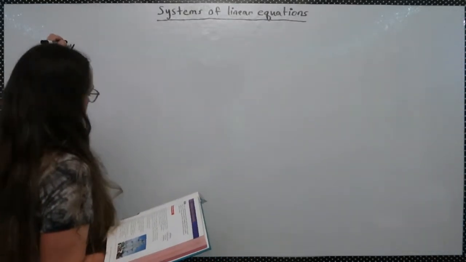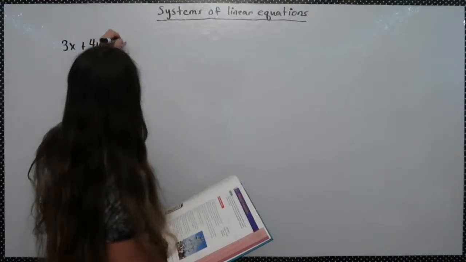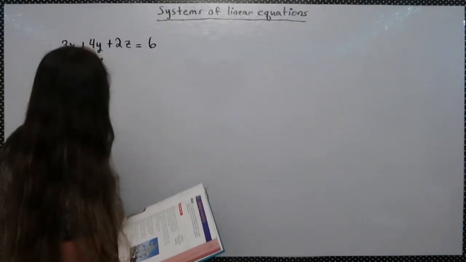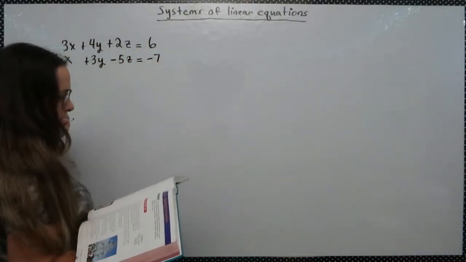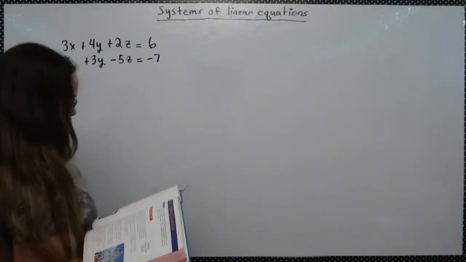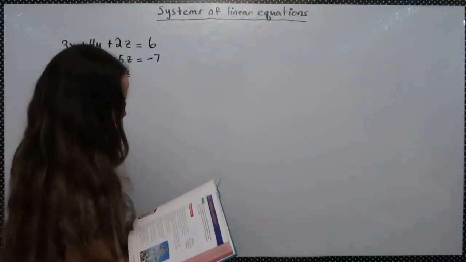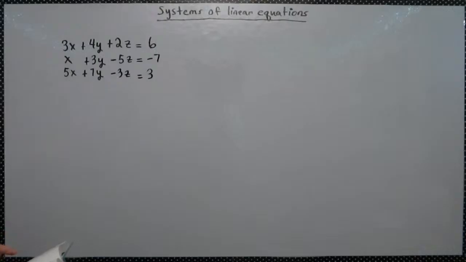The system is 3x plus 4y plus 2z equals 6, x plus 3y minus 5z equals -7, and 5x plus 7y minus 3z equals 3. I'll take a moment to make sure I have it copied down correctly: 3x plus 4y plus 2z equals 6. x plus 3y minus 5z equals -7. And 5x plus 7y minus 3z equals 3.